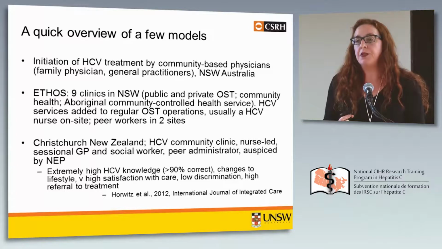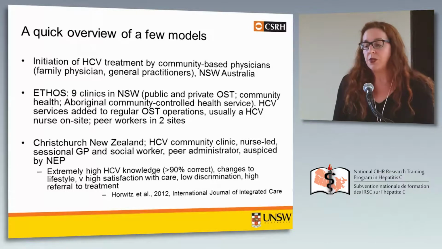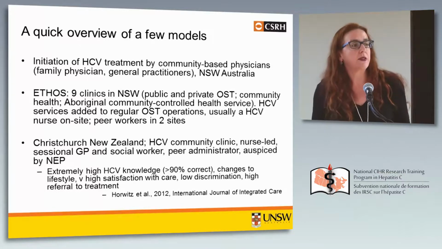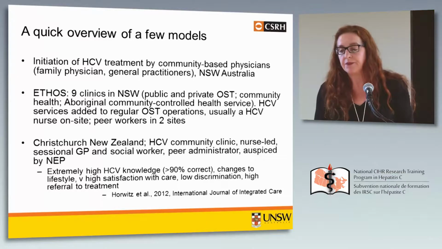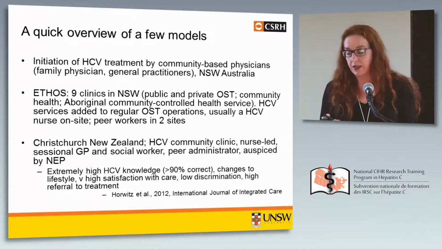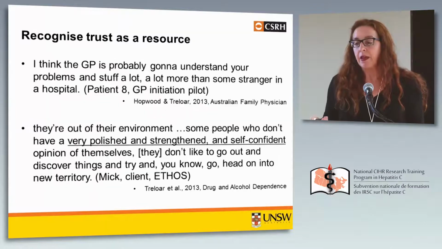And the third came from New Zealand in Christchurch, which was a standalone, newly set up, nurse-led hepatitis C community clinic, also with GP and social worker access. And interestingly, this Christchurch clinic was auspiced by their needle exchange program and not by a tertiary service.